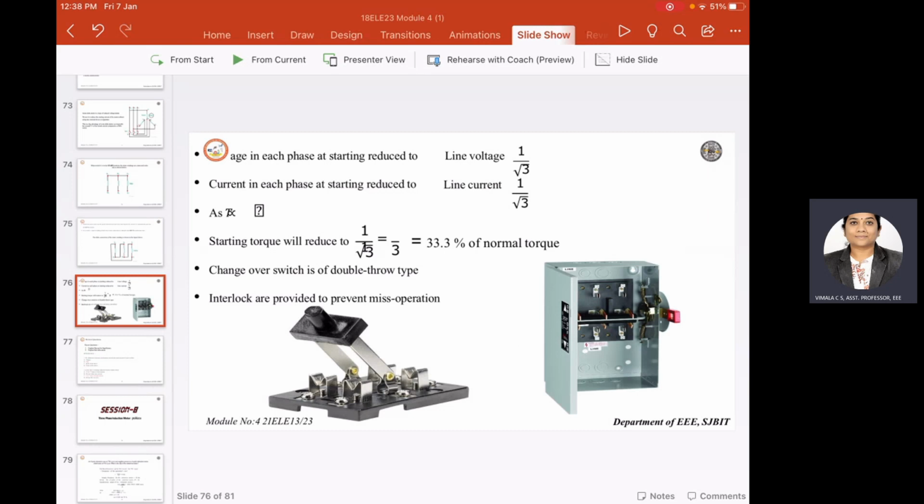The changeover switch is of double throw type. Initially the switch will be thrown to star at the time of starting, and it will be thrown to delta for normal running once it attains 80% of its speed.